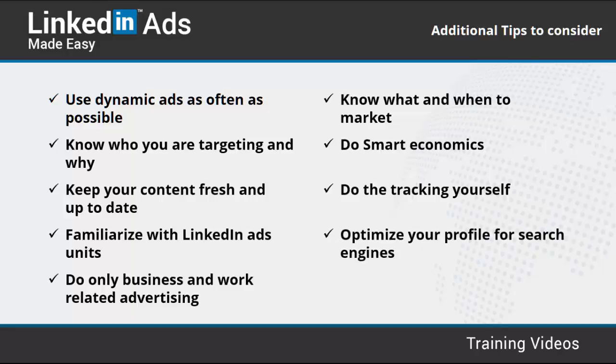Optimize your profile for search engines. Optimizing your LinkedIn profile is a great way to boost your marketing campaigns by adding an organic component, such as trying to include your profile in search engines. To do this, you have to include your targeted keywords in the most prominent parts of your profile.